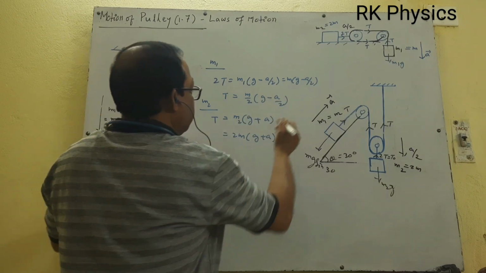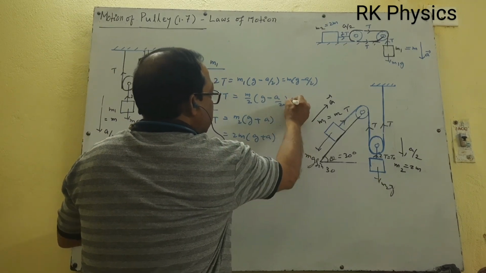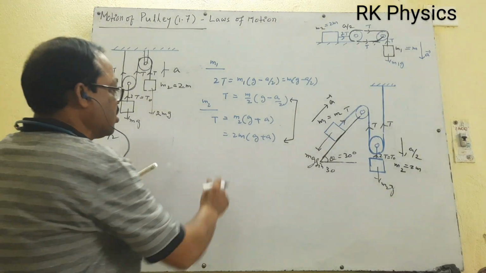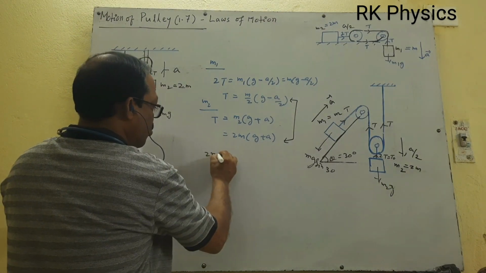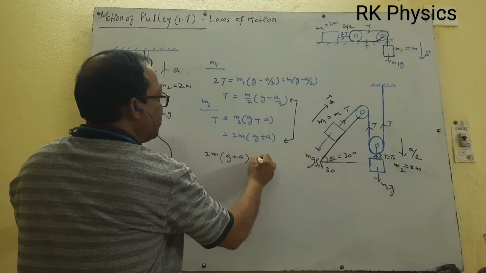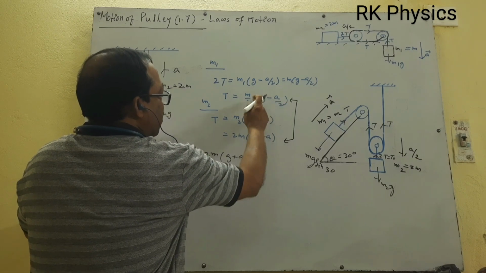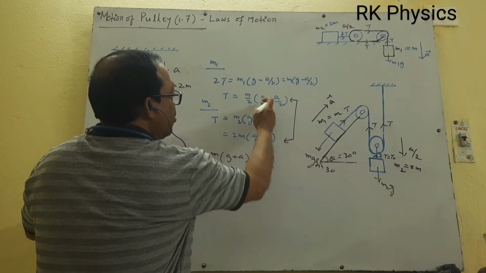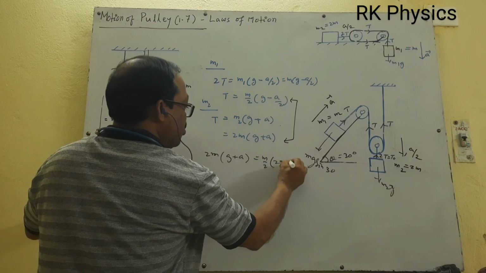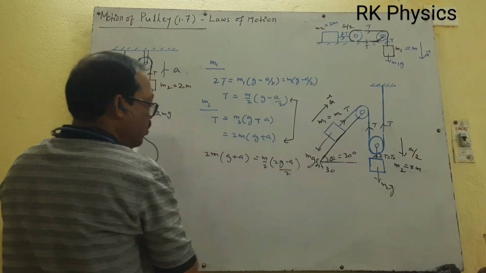If you compare these two equations, I am writing this first: 2m into g plus a, this is m by 2 into 2g minus a by 2.